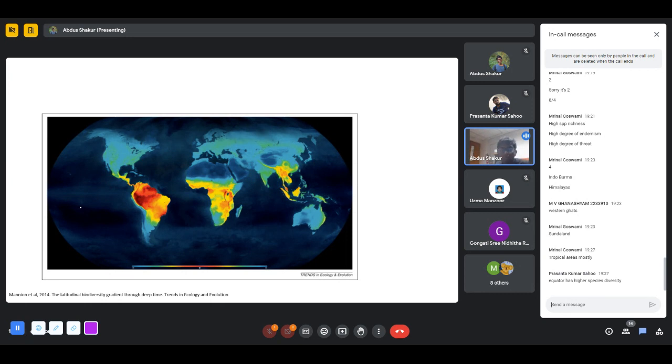So if that's the equator, you see most of the higher species richness close to the equator. You might have the Tropic of Capricorn somewhere here, the Tropic of Cancer somewhere here. It's not accurate, but somewhere around there. If you see, tropics and subtropical regions have higher species richness compared to temperate regions. Why do you think so?